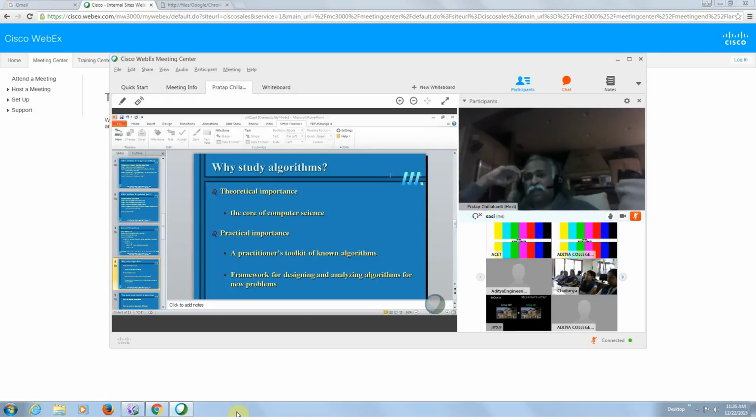What else? Why do we need to study algorithms? Many reasons. Because we always want to do it in such a way that it's faster, as I mentioned. Plus, there's another aspect of it, which is the data structures part. You always want to take less amount of storage. That way, when you're running your algorithm, it'll be faster.